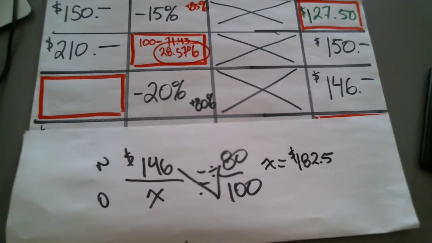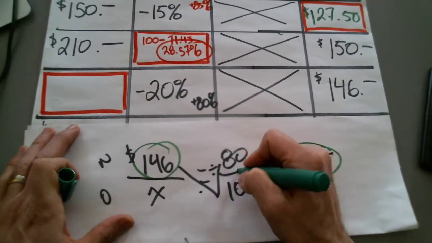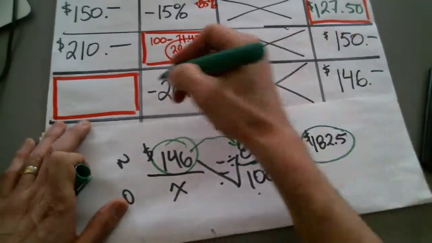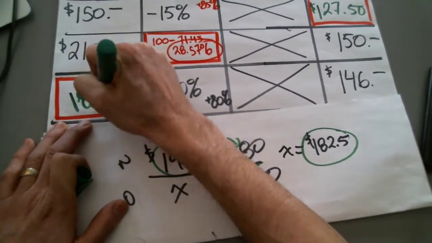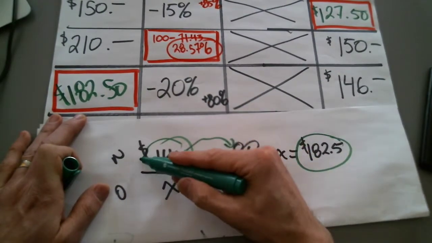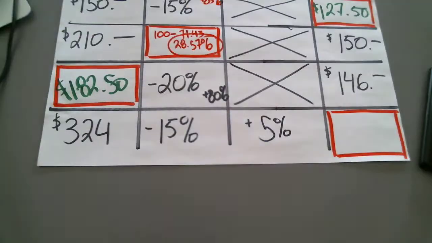Now let's see if that makes sense. This number should be bigger than that number because this represents 80% of the total. So in this one, my total is $182.50, my new over the original. I didn't know the original, but now I can find out. Okay, last one.